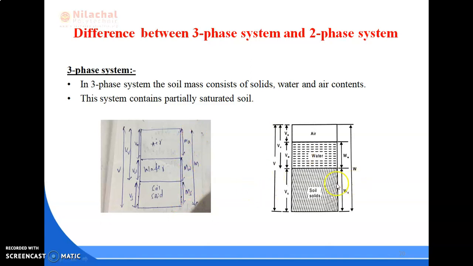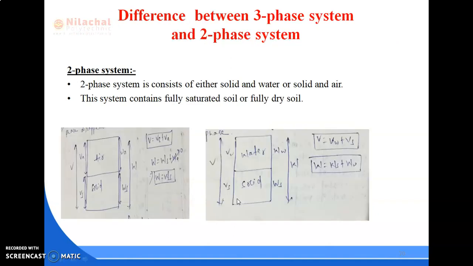Similarly, here is the same figure, only we replace mass with weight. On the left side Vs, Vw, Va, Vv, this is V, same in the lower part soil solid, water, air. And in the right part, Ws weight of solid, Ww weight of water, weight of air is 0 as we know, and this is the total W. So this is the three-phase system.